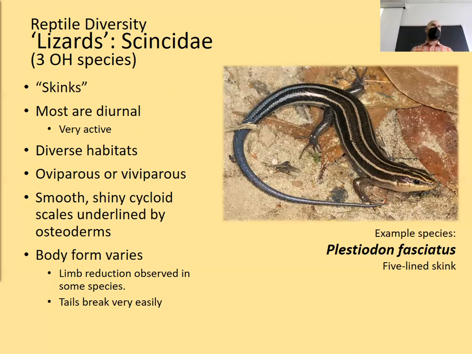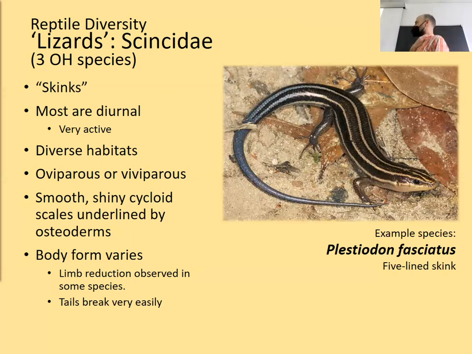Some species in this family have very small limbs or no limbs at all. They're legless lizards in this family, and they have tails that often break off very easily and can deter a predator. The example I have here is Plestiodon fasciatus, the five-lined skink. I've not seen one in Ohio, but I'm hoping to soon. They live down in the area where we do some research with our wall lizards.